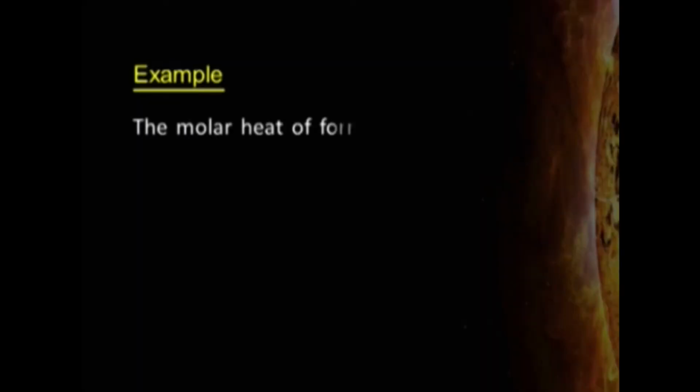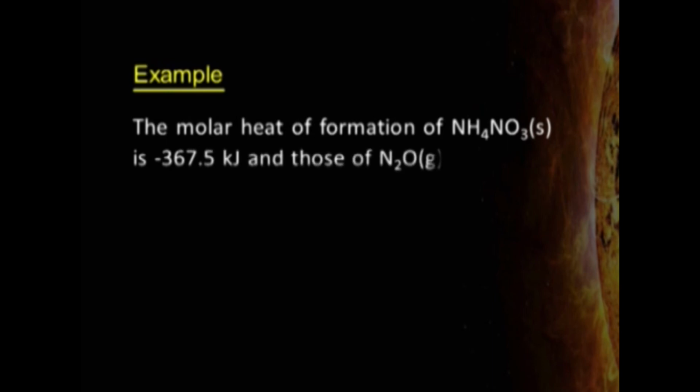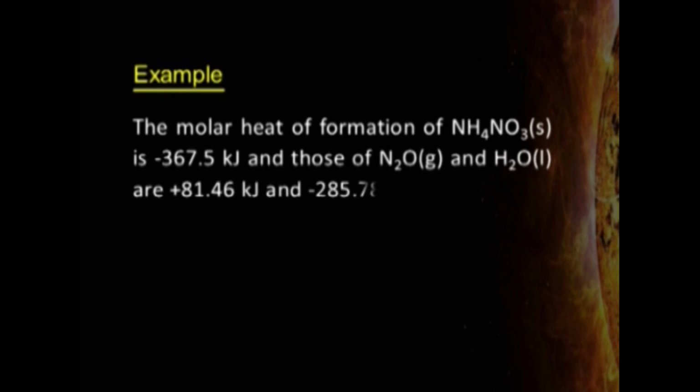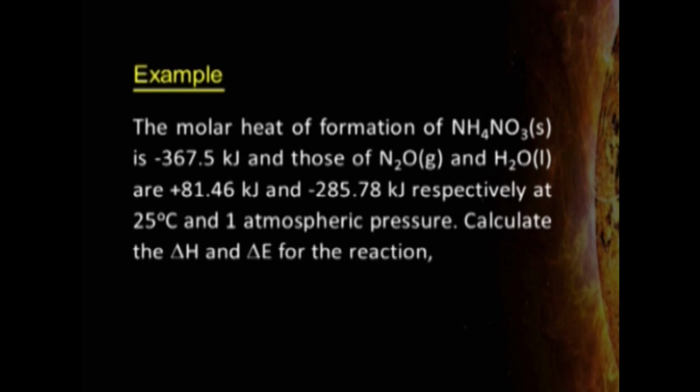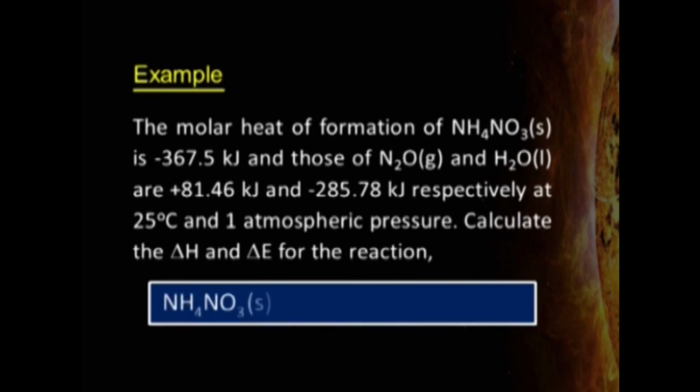The molar heat of formation of ammonium nitrate, that is NH4NO3, is minus 367.5 kilojoules, and those of N2O gas and H2O liquid are plus 81.46 kilojoules and minus 285.78 kilojoules respectively at 25 degrees Celsius and 1 atmospheric pressure. Calculate the delta H and delta E for the reaction NH4NO3 solid giving you N2O gas plus 2H2O liquid.